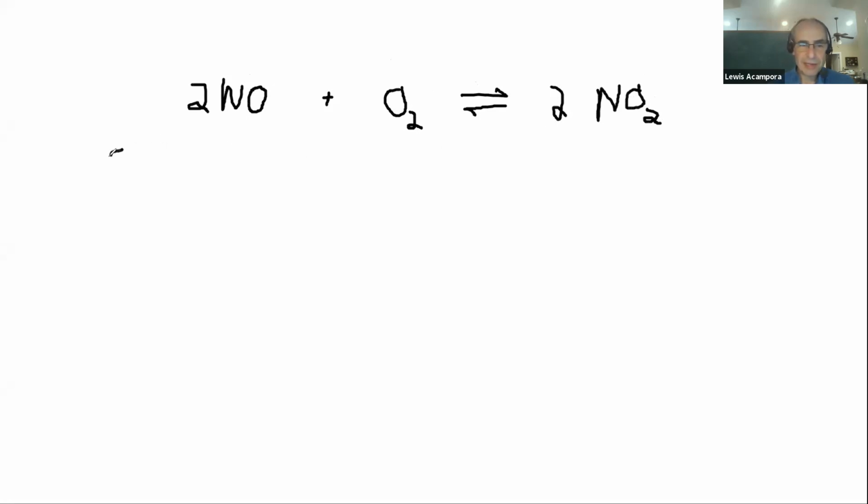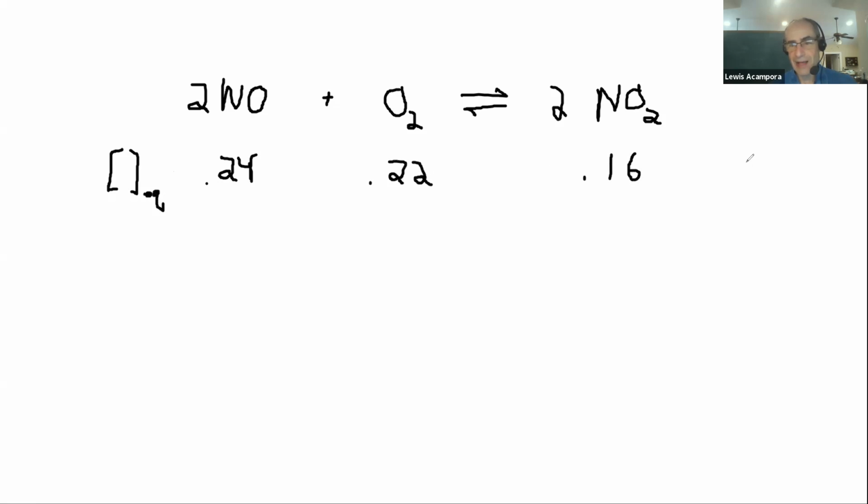We'll say we start with our system at equilibrium. I think this was 0.24 and this was 0.22, and those are concentrations in moles per liter, and this was 0.16. These are our equilibrium concentrations.